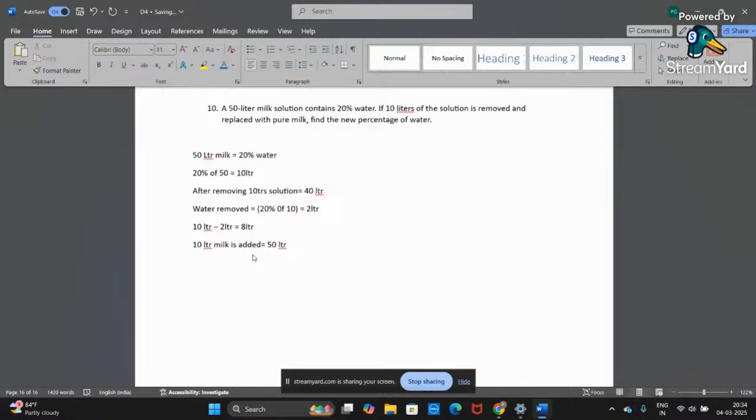In this 50 liter, we need to find the new percentage of water. So what is the present percentage of water? It is 8, because in 10 liters we have removed 2 liters, so it is 8 liter water. So divide this 8 by 50. So we need it in percentage, so into 100. What will you get?